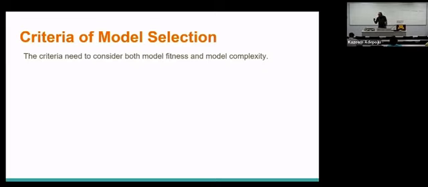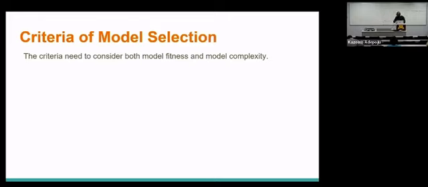Does that make sense? Okay. Now, you already know the criteria for module fitness. What are the criteria for module fitness? Residual sum of squares and R square. Does that make sense? And I said the two of them cannot be trusted in the case of module complexity. What do I mean by module complexity? When the number of regressors in a module is large.